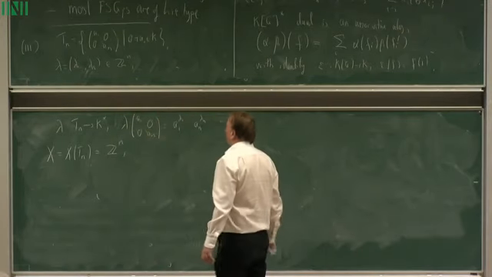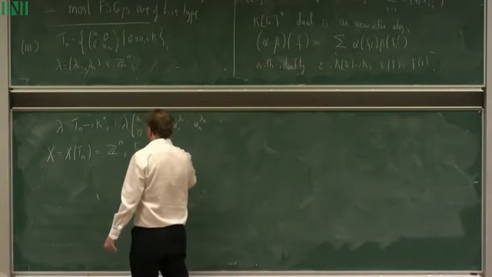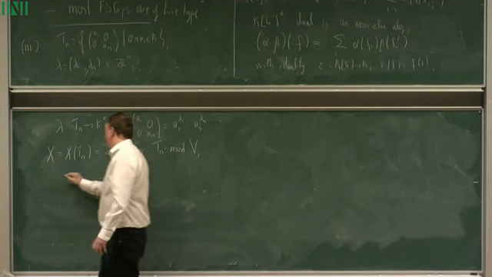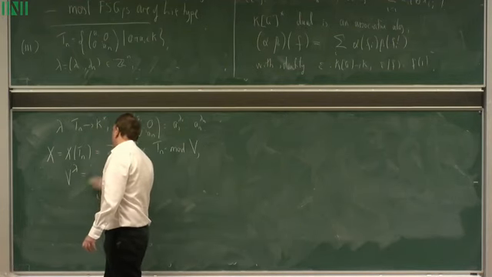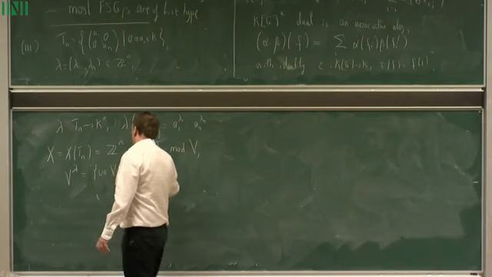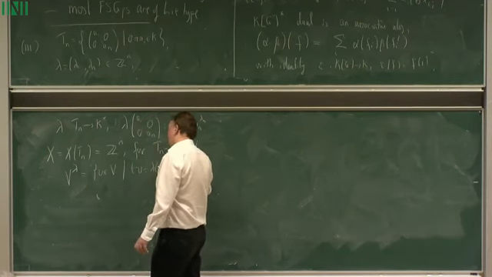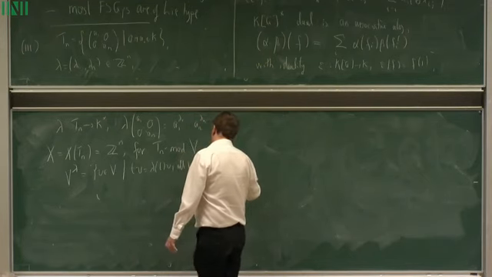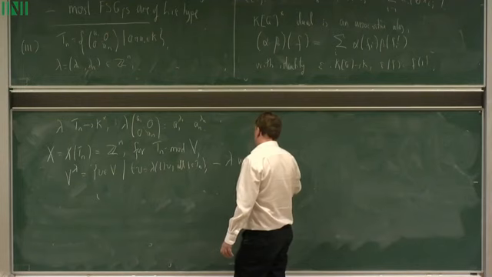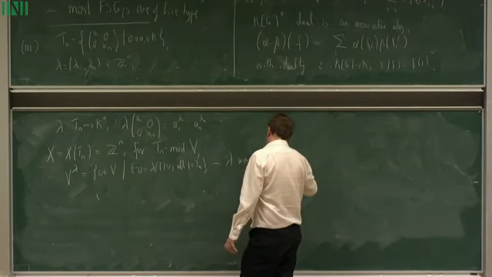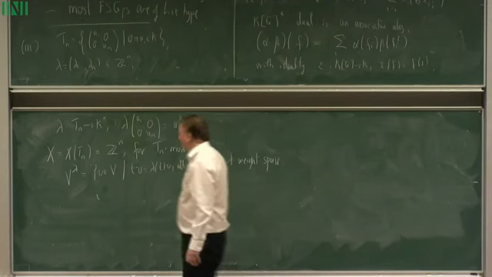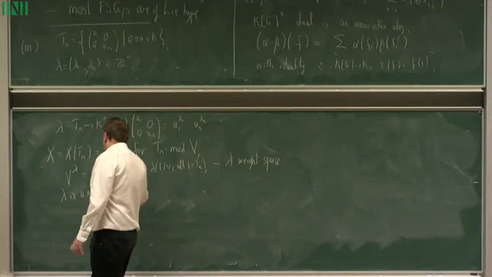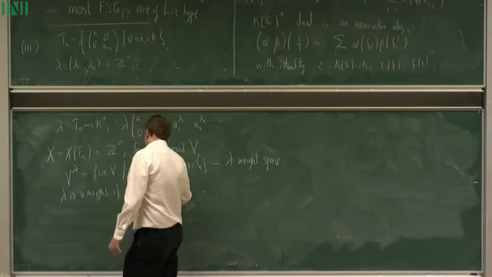And then for a T-module, you have the weight space V lambda, which is the set of v in V such that t·v is lambda(t)·v for all t in T. This is called the lambda weight space. And you say that lambda is a weight if the weight space is non-zero.